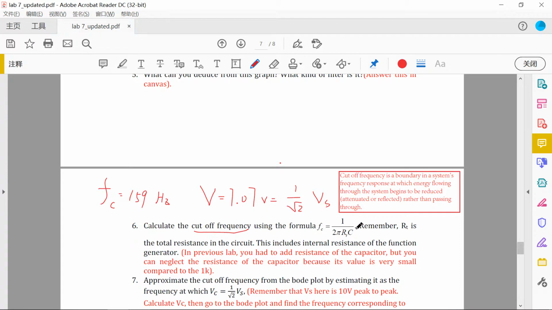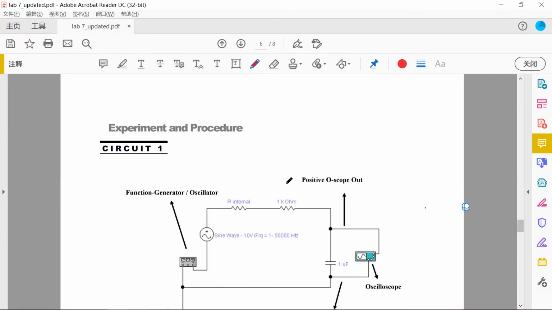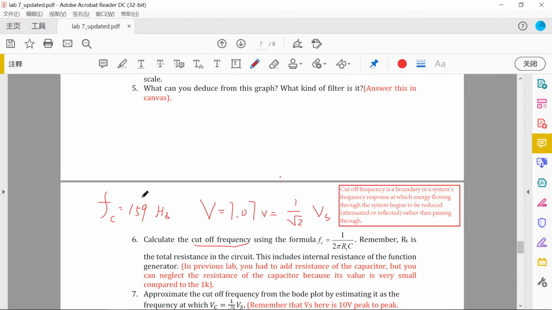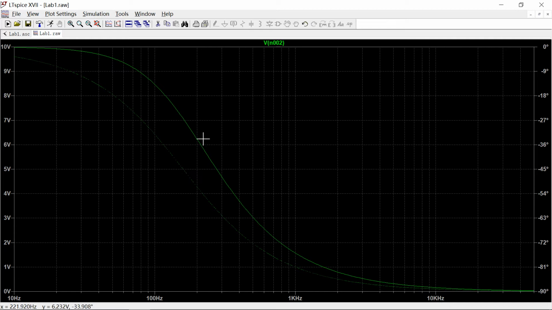So for an ideal situation, we can get the cutoff frequency. For this low pass filter circuit, the cutoff frequency is 159 Hz, and we can find this point 159 on this plot.